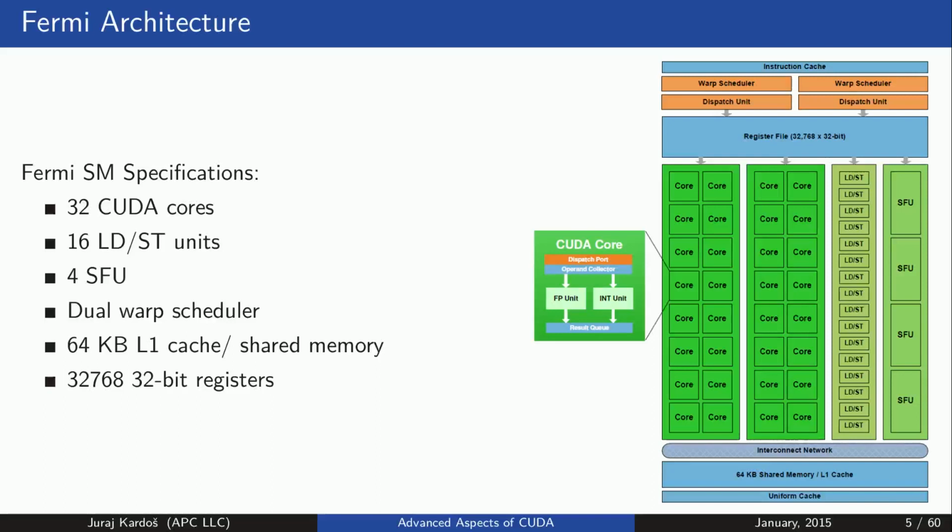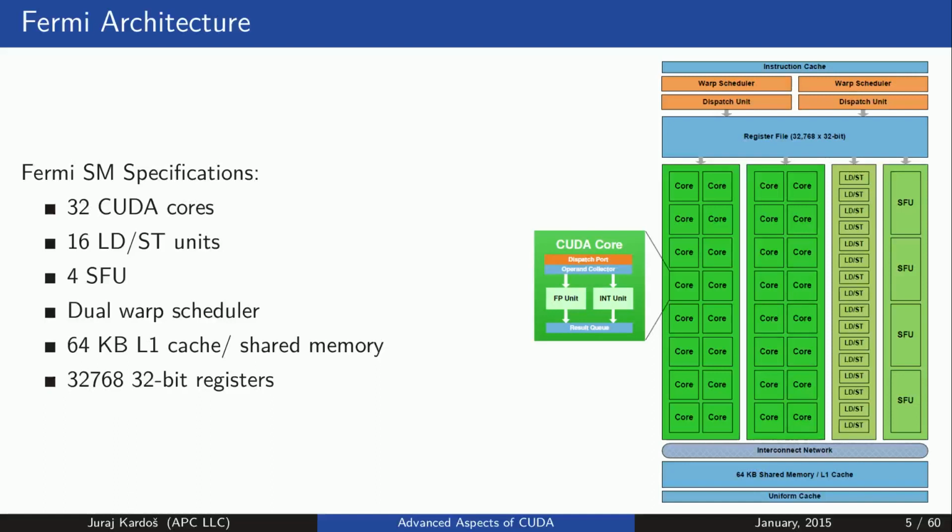When it comes to workload scheduling, the GigaThread global engine schedules thread blocks to various streaming multiprocessors. Further workload distribution is done on the individual streaming multiprocessor level. Each streaming multiprocessor contains a dual warp scheduler, where each warp scheduler distributes warps of 32 threads to its execution units.